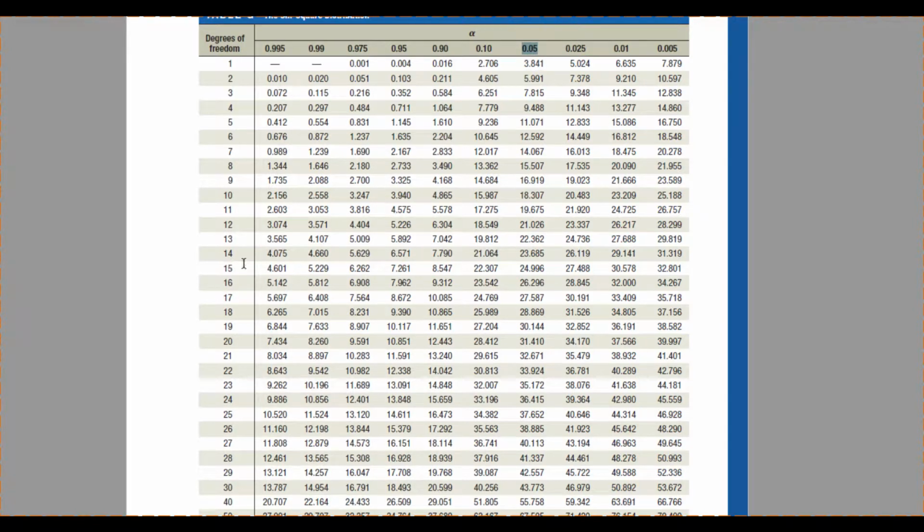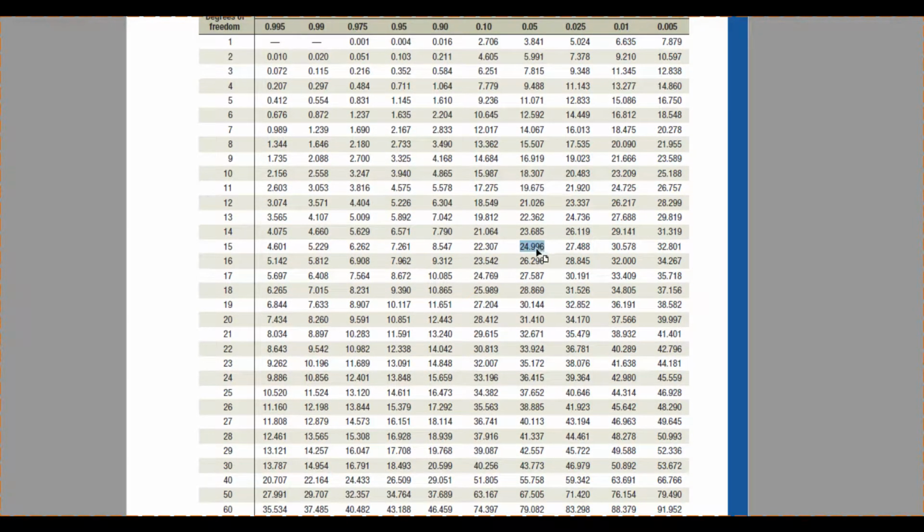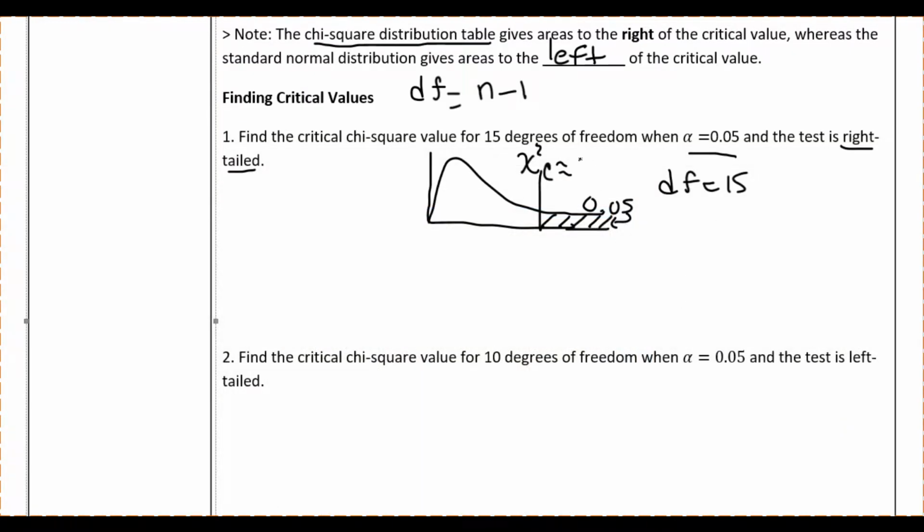So if we go to 15 and 0.05, we get a critical value of 24.996. So that's going to be our critical value for chi-square. All right, and that's the answer that we're looking for.